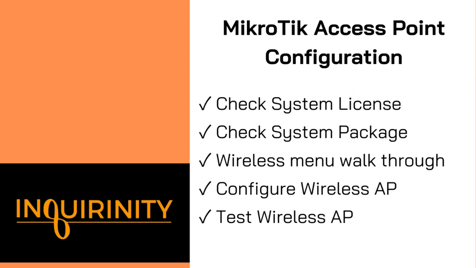Also, we have enabled the 5 gigahertz Wi-Fi interface and shown you the settings inside this interface. Then we finally go into the 5 gigahertz wireless settings, and obviously the difference will be the band, so it will be running on or operating on 5 gigahertz.